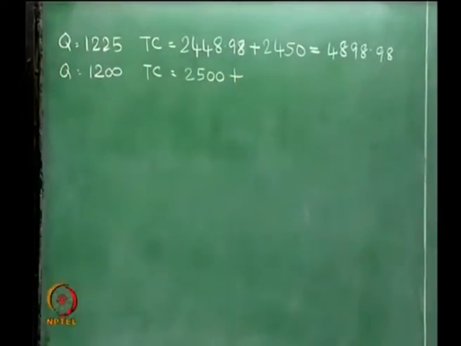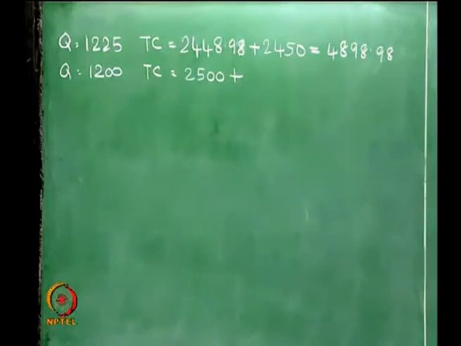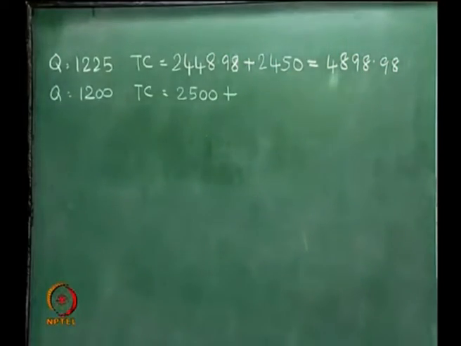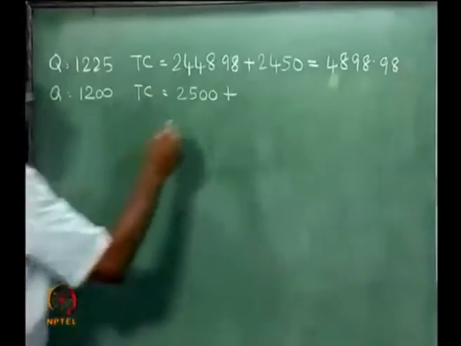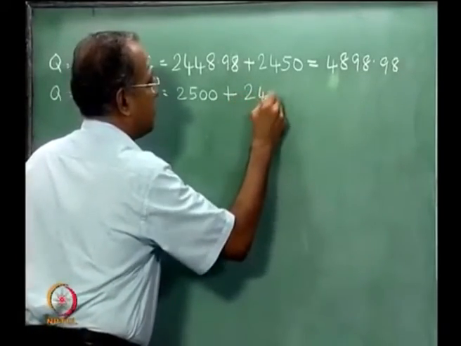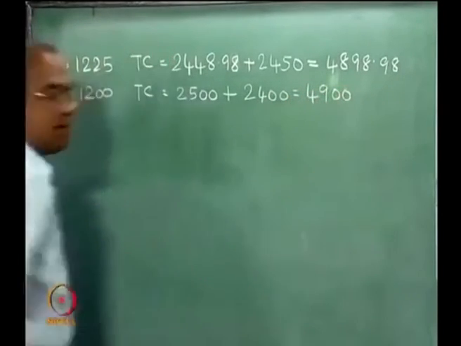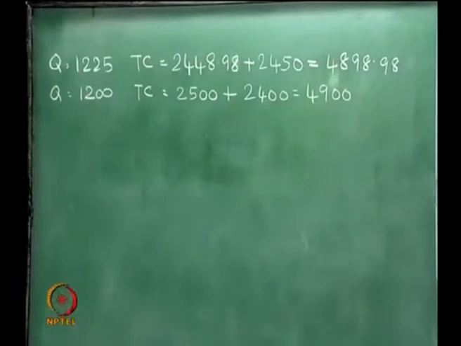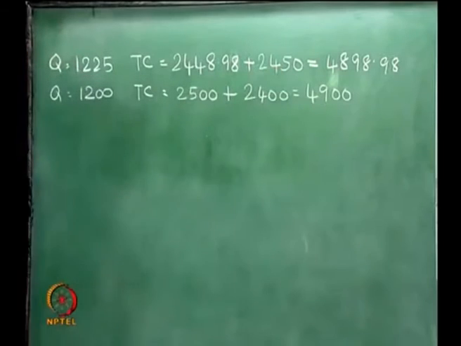plus, here we have 1200 by 2 is 600, 600 into 4 is 2400, which is equal to 4900. Here I am specifically showing the order cost component and the carrying cost component.